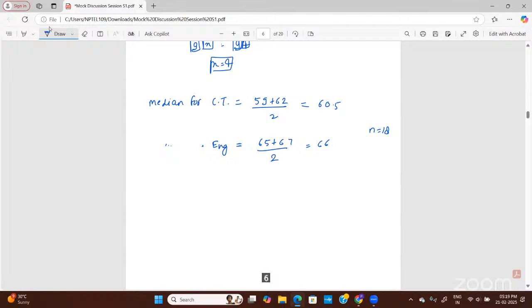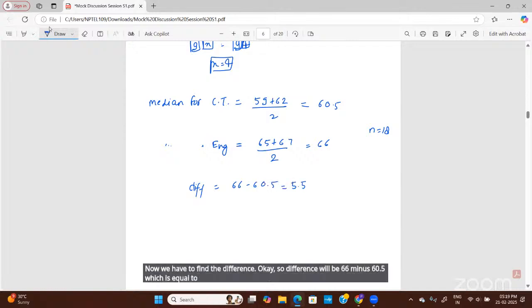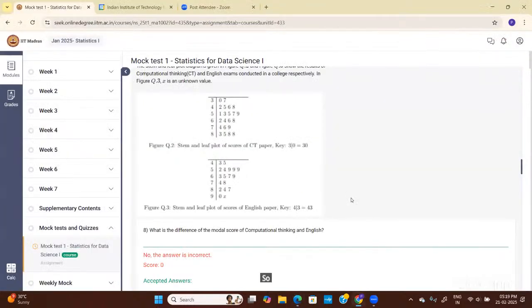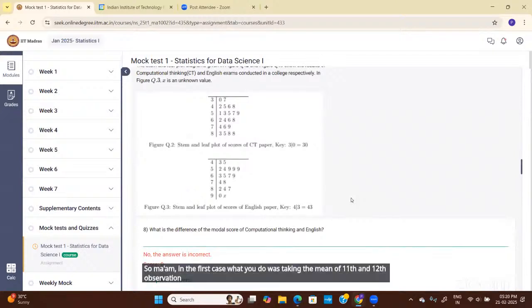Now we have to find the difference. The difference will be 66 minus 60.5, which is equal to 5.5. Ma'am, in the first case, you took the mean of the 11th and 12th observations, right? Yes.